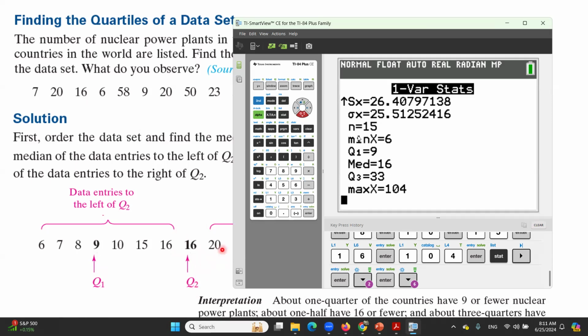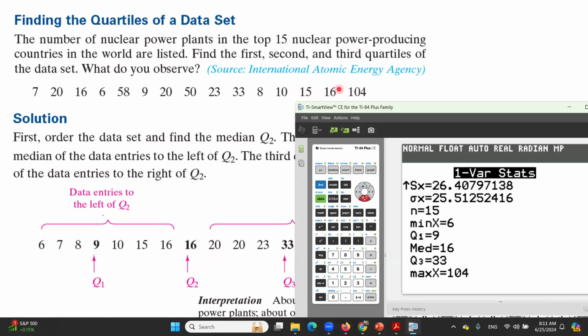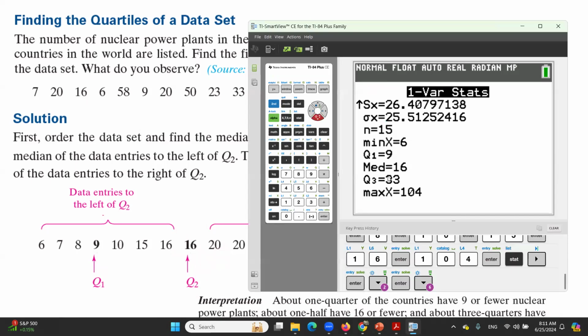Q3, or the third quartile, is 33. Yes, it is 33. And the maximum is 104. By looking at the data, you see the maximum value is 104. So using the calculator makes it much more precise for you, very fast, and we can do the calculation much more nicely and easily.